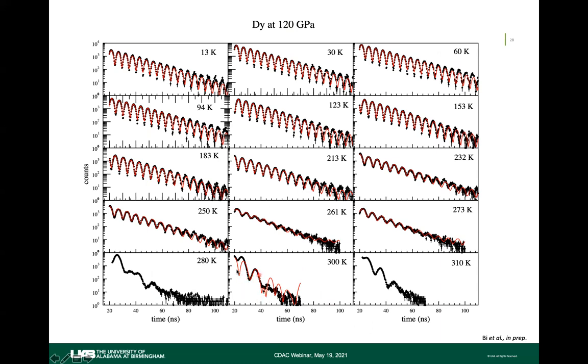This is just a lousy fit with a quadrupole splitting. I'm still trying to figure out what is going on in this data set, but one thing is certain: there is no magnetic hyperfine field at 300 Kelvin in dysprosium at 120 GPa.